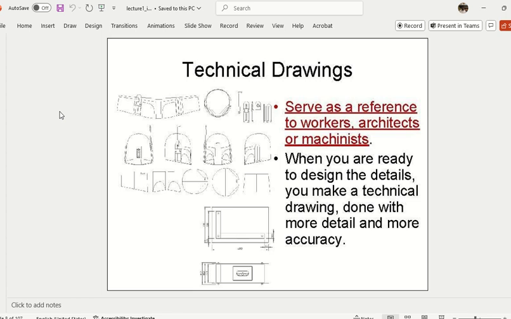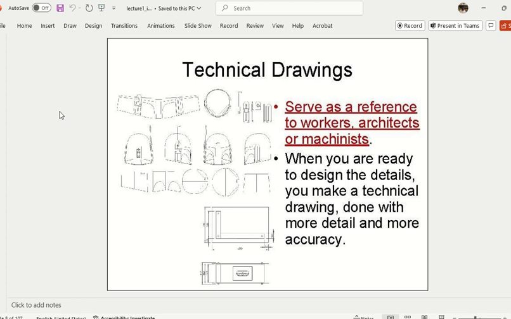So if you want to manufacture a car, you can draw a sketch of the car. Even my daughter can make a car on paper. She is like 7 years old, but I cannot take her sketch and give it to a car manufacturer and tell him, make this. He will need more details.